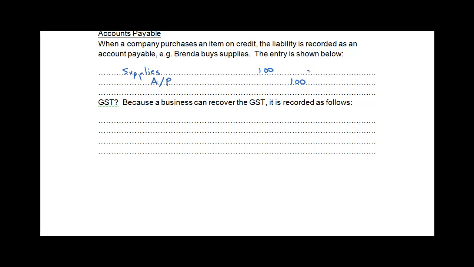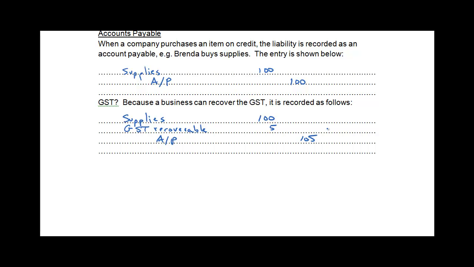So if we have GST at 5%, then on the supplies, let's say we're buying our supplies here again, $100. We collect GST, and that goes into an account called GST recoverable, and that's $5. And so the total amount accounts payable is $105.